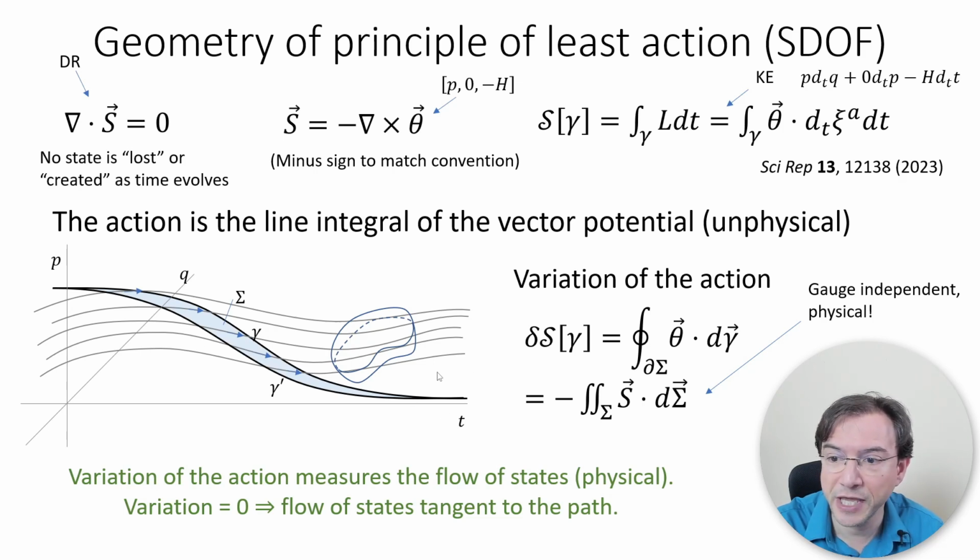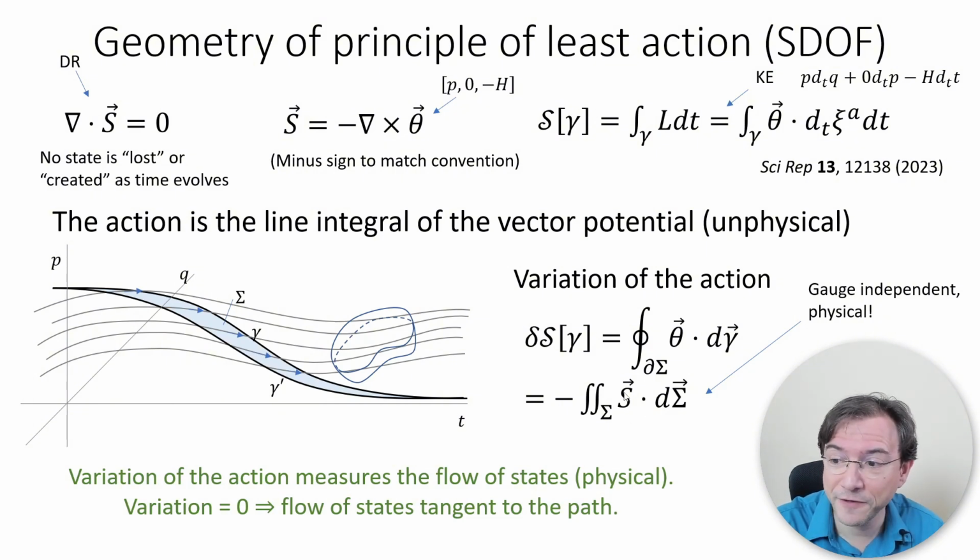And by Stokes' theorem, that's basically calculating the flow of the field within that sliver of the extended phase space. And that's going to be gauge independent because that's a function of the flow, and that's physical.